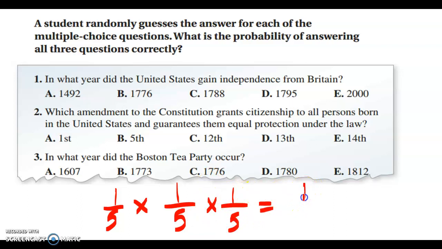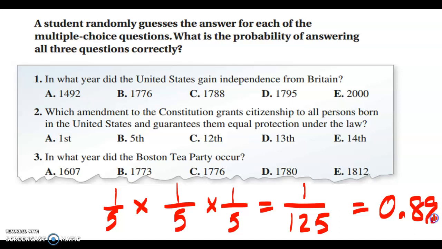So that would be 1 over 125. Now, if you change that to a percent, that would be about 0.8%. So that's why the kids that guess all the time usually fail the test. So I hope you study.